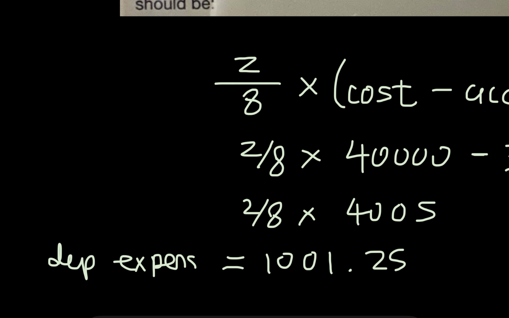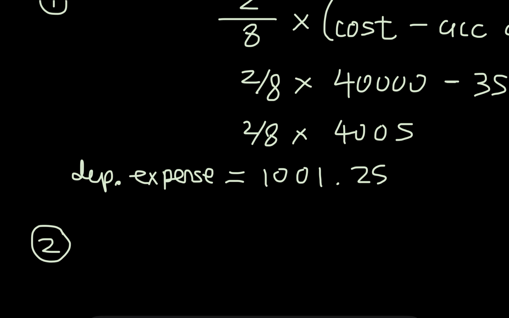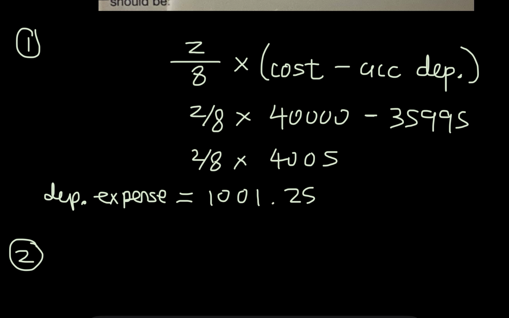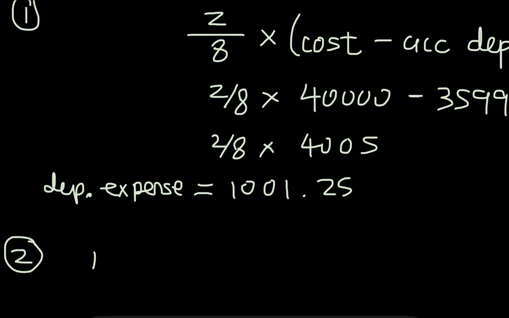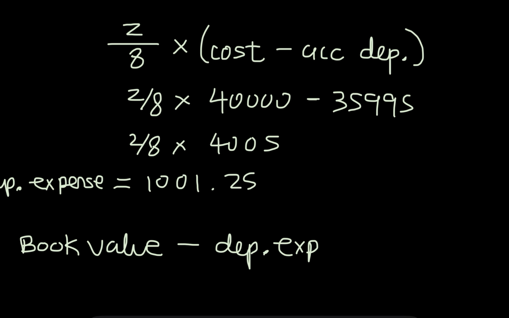Anytime we do a double declining balance question, there's a second step we have to do. First step is to plug in the formulas. Second step is to take the book value, same book value we calculated in step 1, minus the depreciation expense we calculated from step 1 to find the new book value.